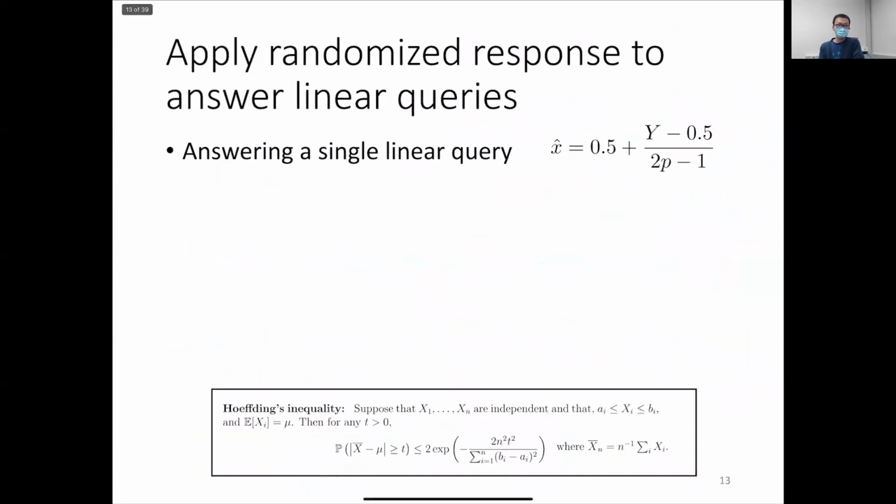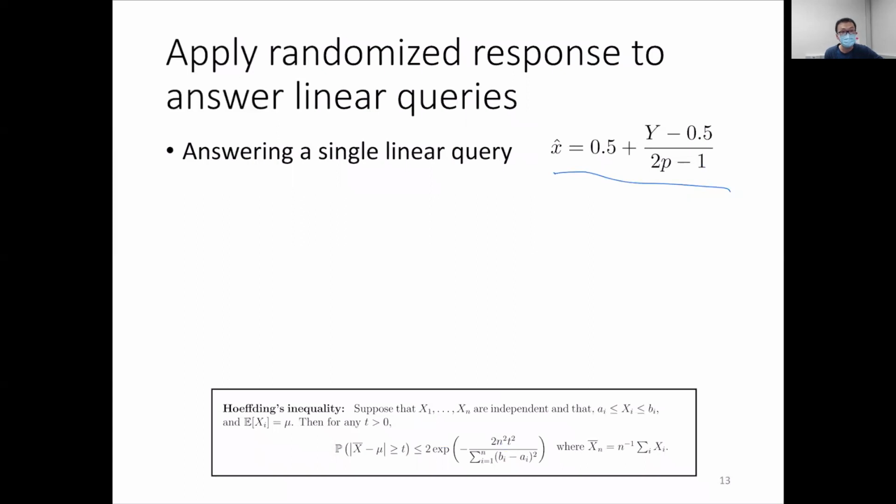Okay, so we can also try applying randomized response to answer linear queries, and we'll see that it gives us very different characteristics in terms of the error bound that we get. Consider the unbiased estimator that we derived just now, and let's work out how we can make use of this to answer linear queries.